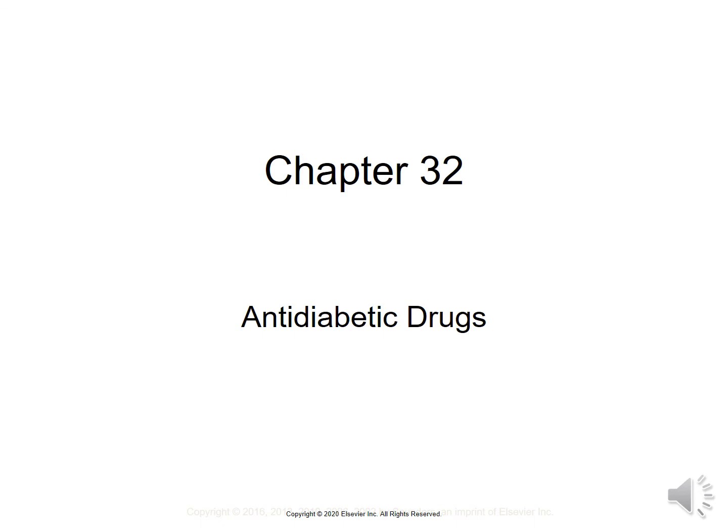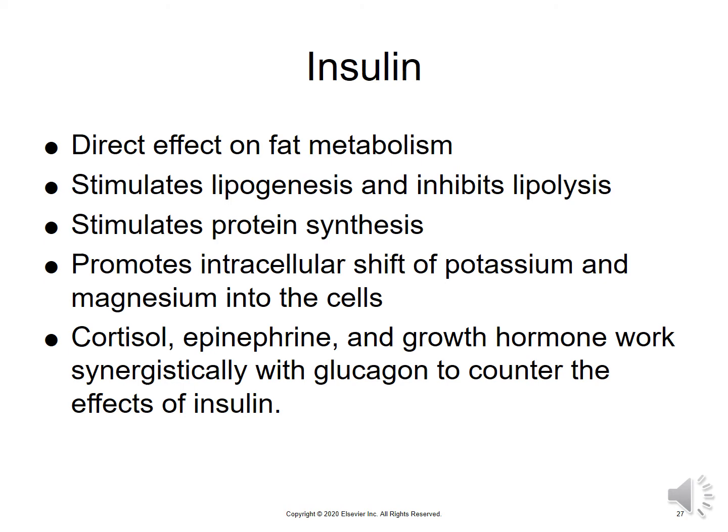All right, anti-diabetic drugs. This is chapter 32 in your pharm book. So insulin, what does it do? It has a direct effect on fat metabolism. It stimulates lipogenesis. Lipogenesis is the metabolic formation of fat, and it inhibits lipolysis. Lipolysis is the breakdown of fats and other lipids by hydrolysis to release fatty acids.